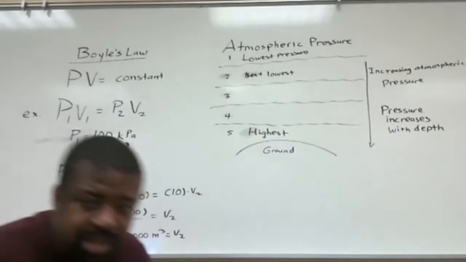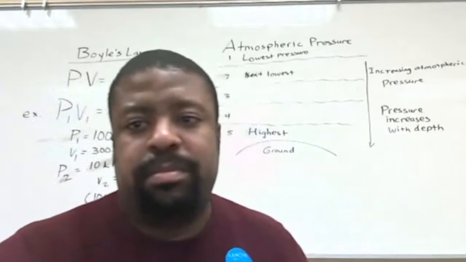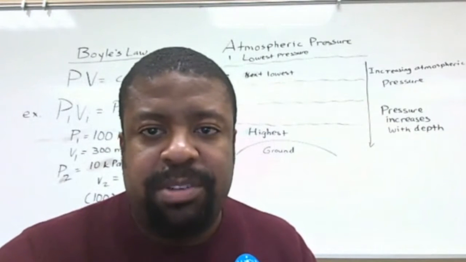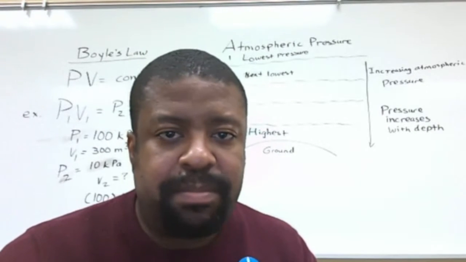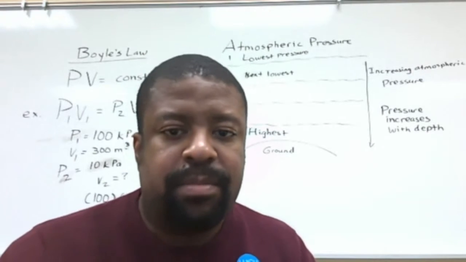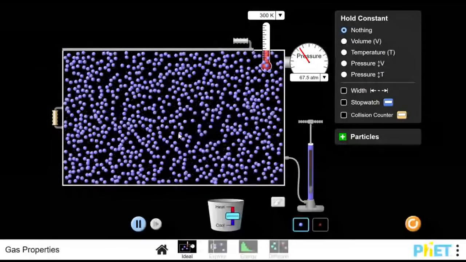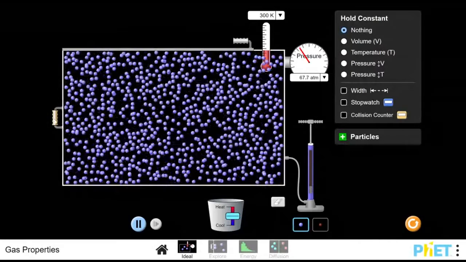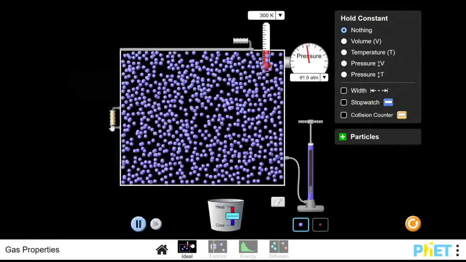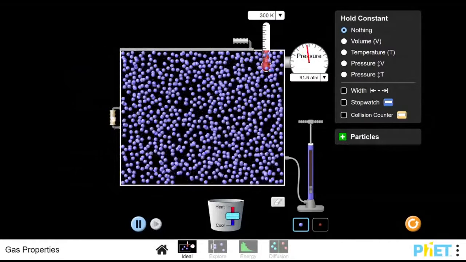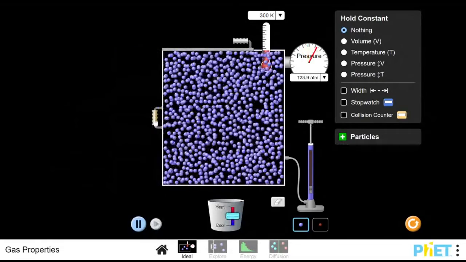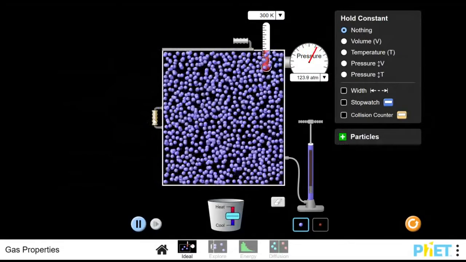Let me go back to the simulation now. So let's share that with you again. Everybody look at this. What I'm going to do this time is decrease the volume. Notice how the pressure went up. I keep decreasing the volume, and the pressure keeps going up.